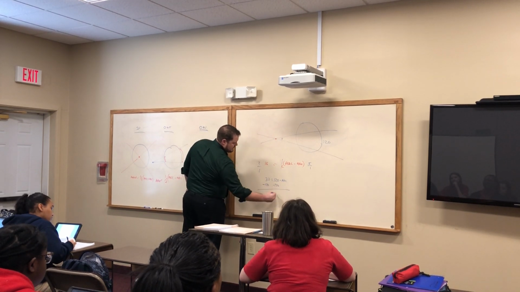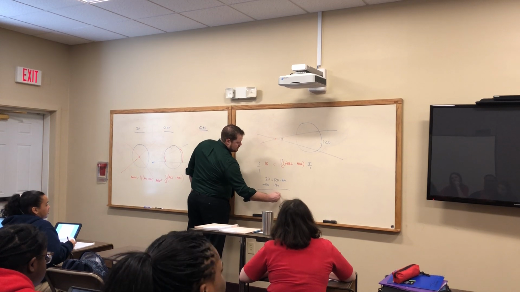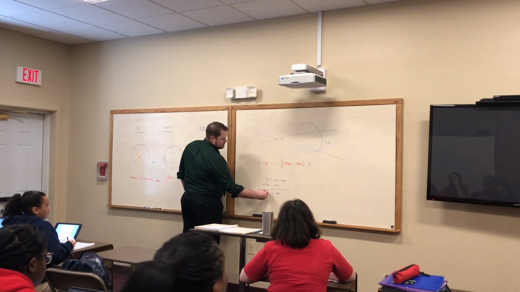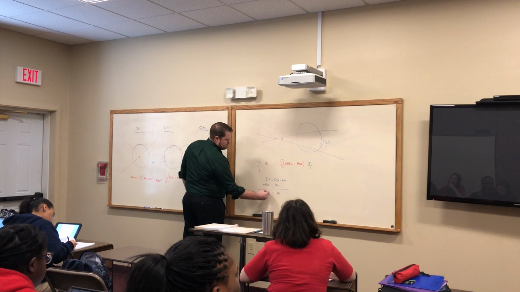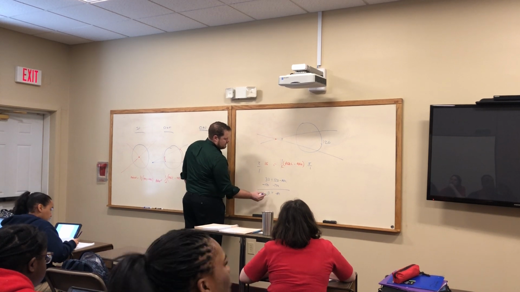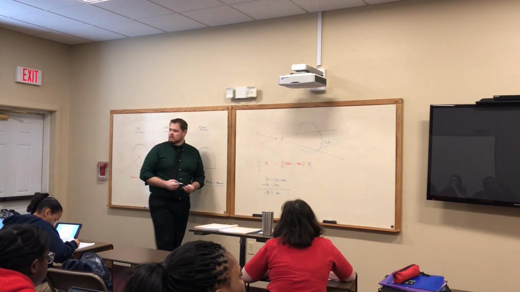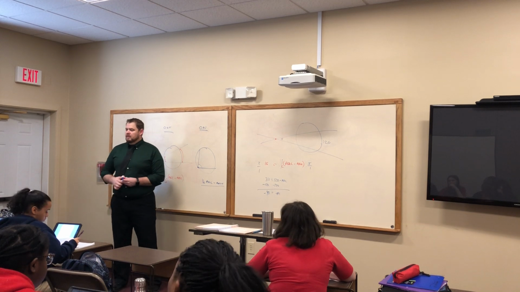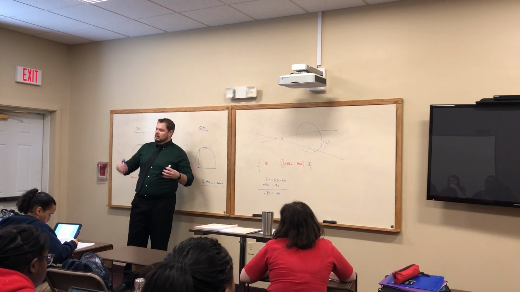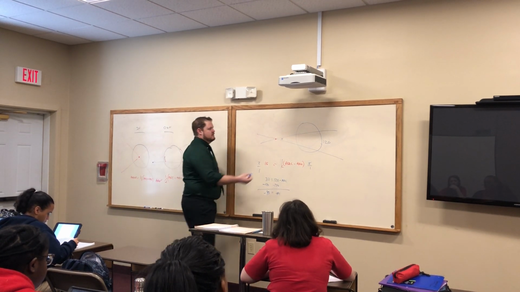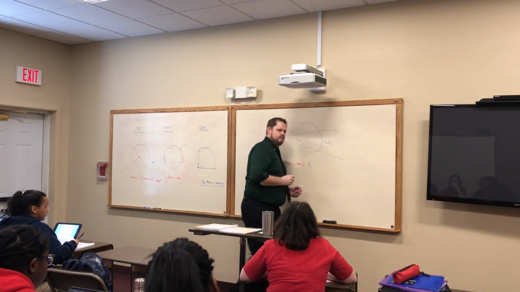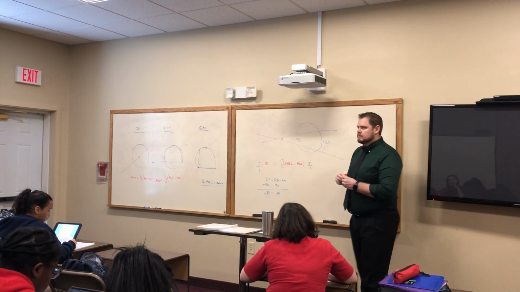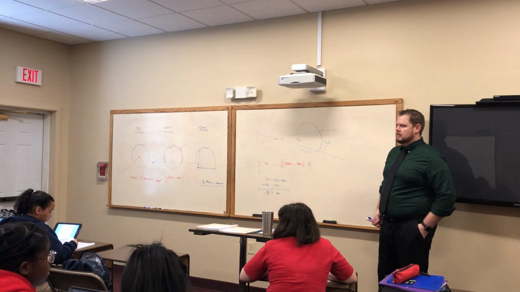Which is going to give me a negative arc equals a negative 90, right? If they're both negative, then they both are positive. So the answer is 90.